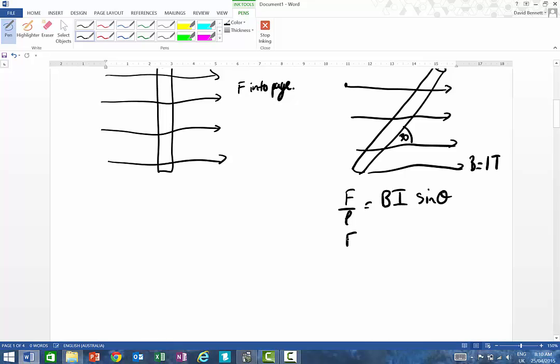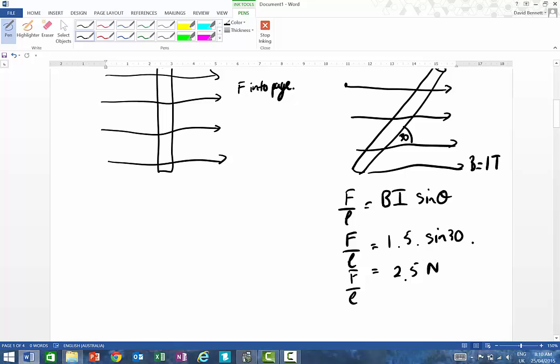Okay, so the force per unit length is going to be equal to 1 times 5 times sine of 30. Now sine of 30 is equal to a half, so that's going to give you a force per unit length of 2.5 newtons.